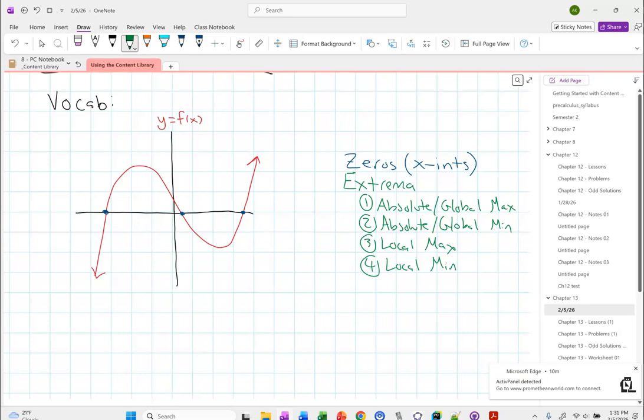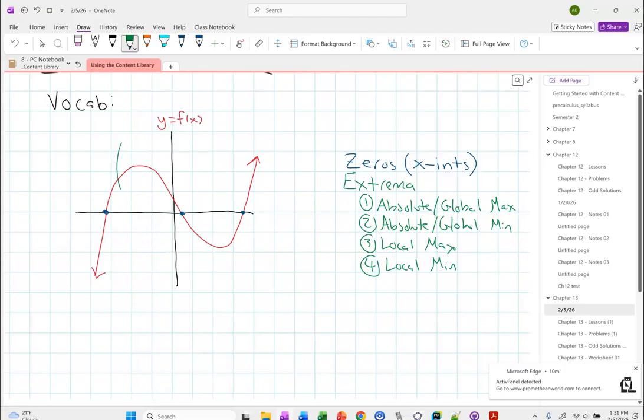By that same notion, does it have a global or an absolute minimum? No. Okay? So a local maximum or minimum means that I can find an open interval where there is a highest or lowest point on that open interval.